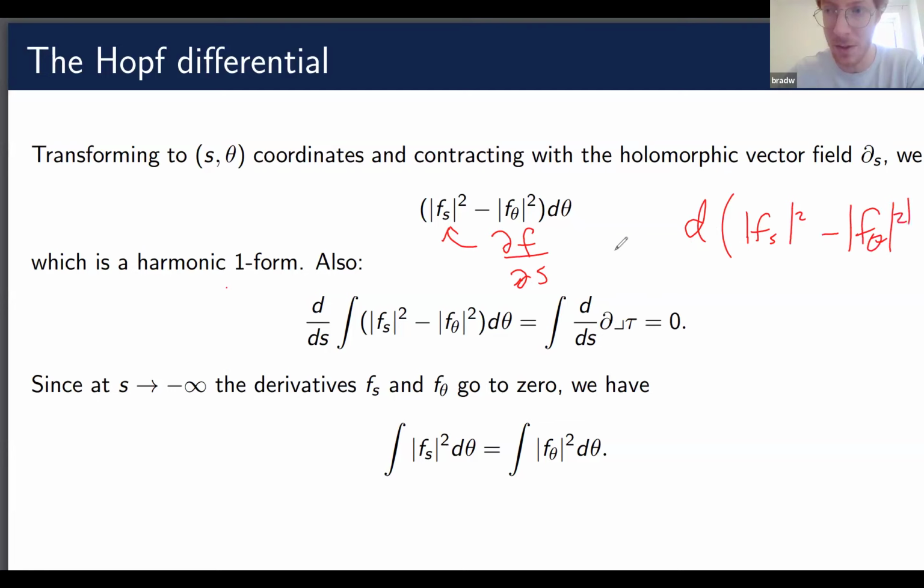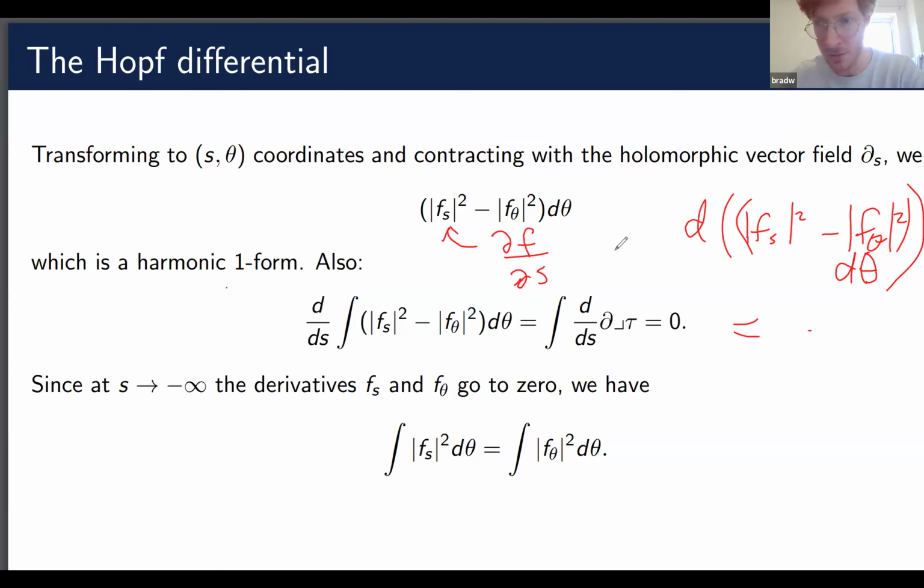So if we take the exterior derivative of this thing, what do we get? Well, the term with d theta cancels because d theta wedge d theta is just zero.